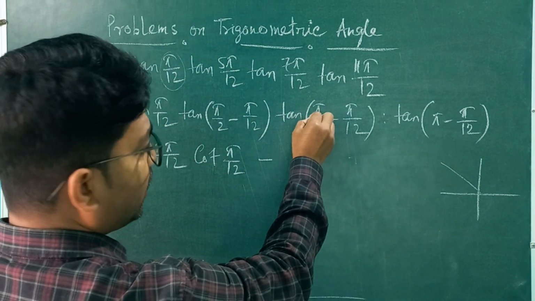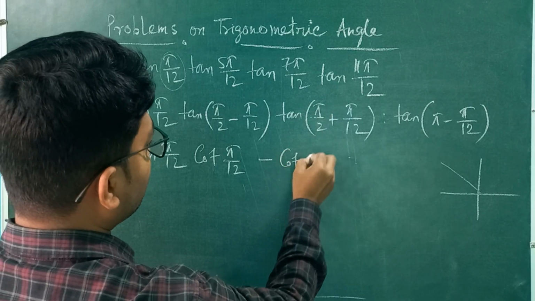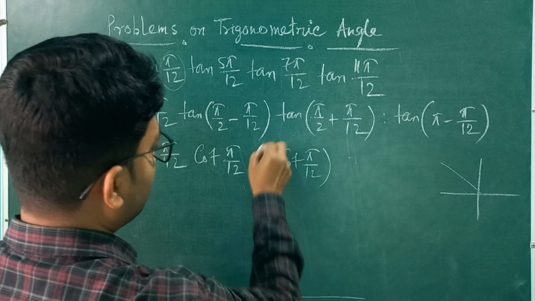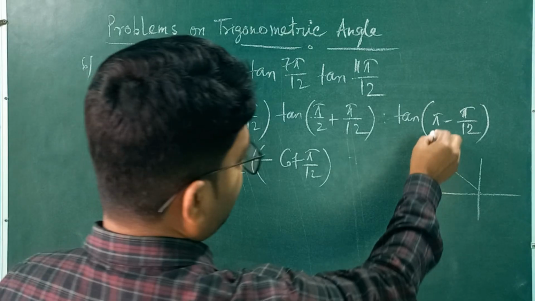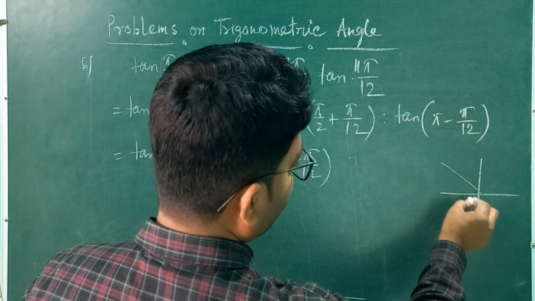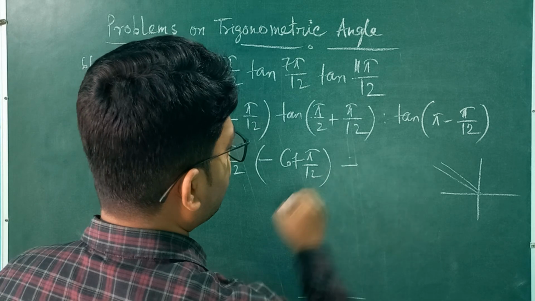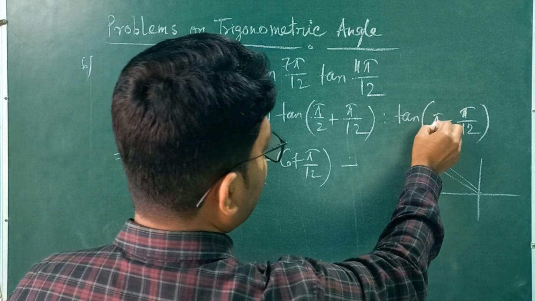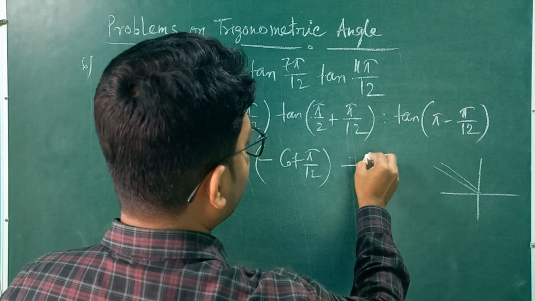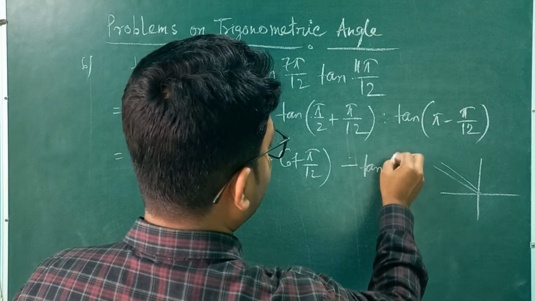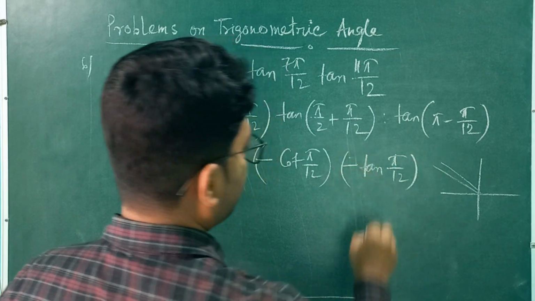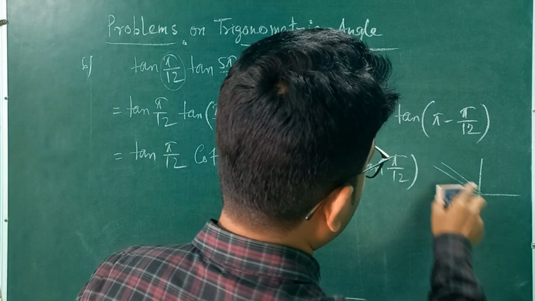As this is odd multiple of pi by 2, tan becomes cot. This one, pi minus pi by 12, pi means 180 minus, also in the second quadrant, second quadrant tan is negative, as this one is even multiple of pi by 2, so tan remains tan. Here also this one.